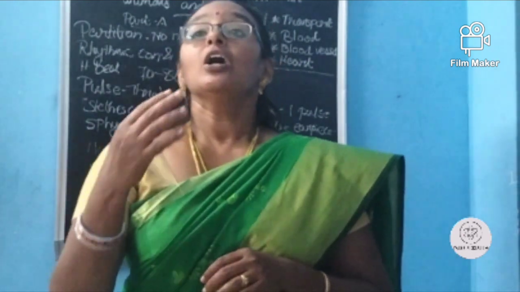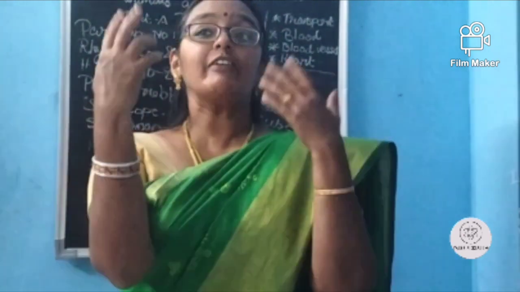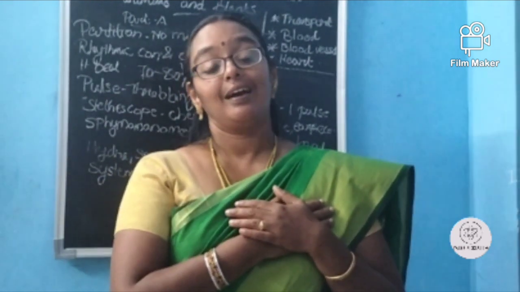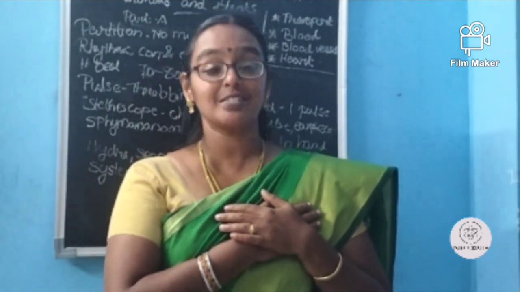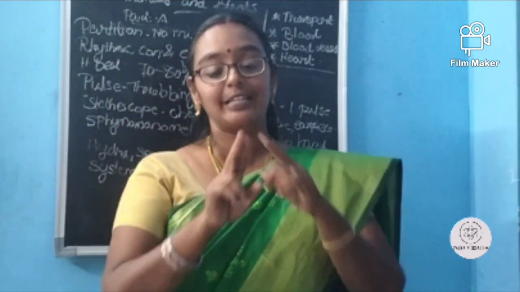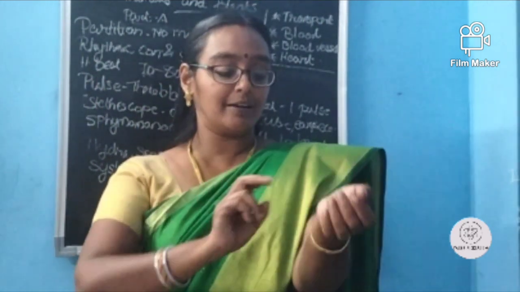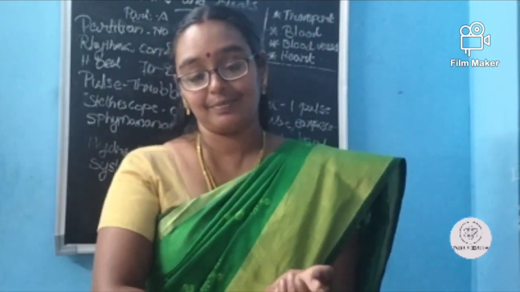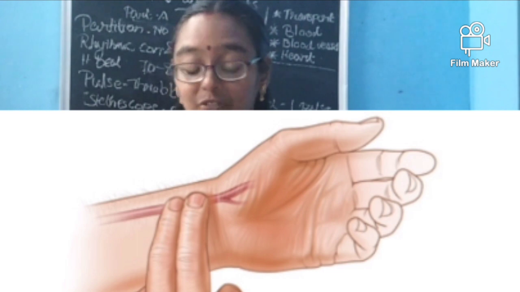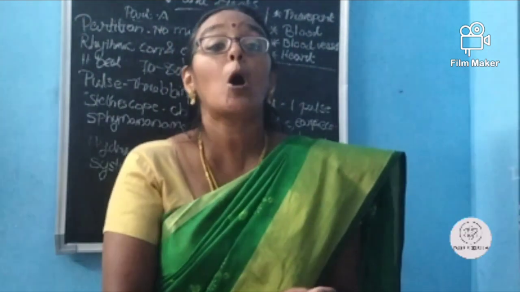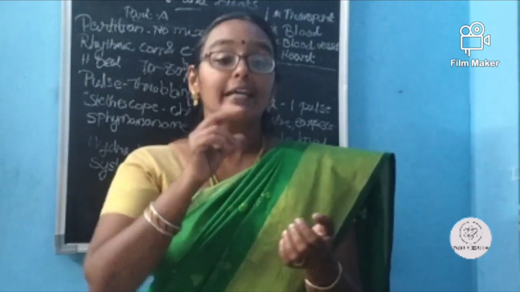Okay. Not only that, we will be able to understand the heartbeat by keeping our hand on our chest, or else by keeping our index finger and middle finger on our left wrist, the inner part of the wrist. We can see the throbbing.